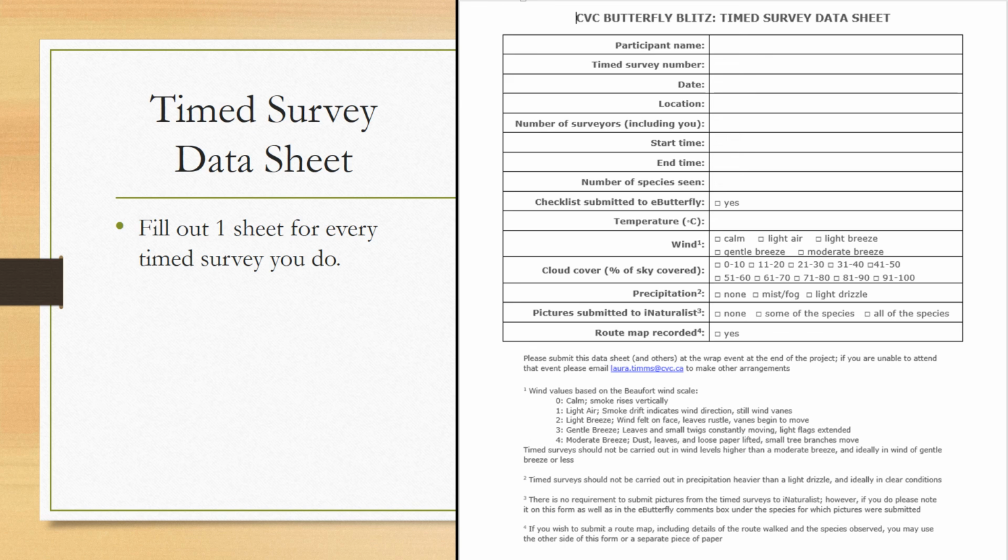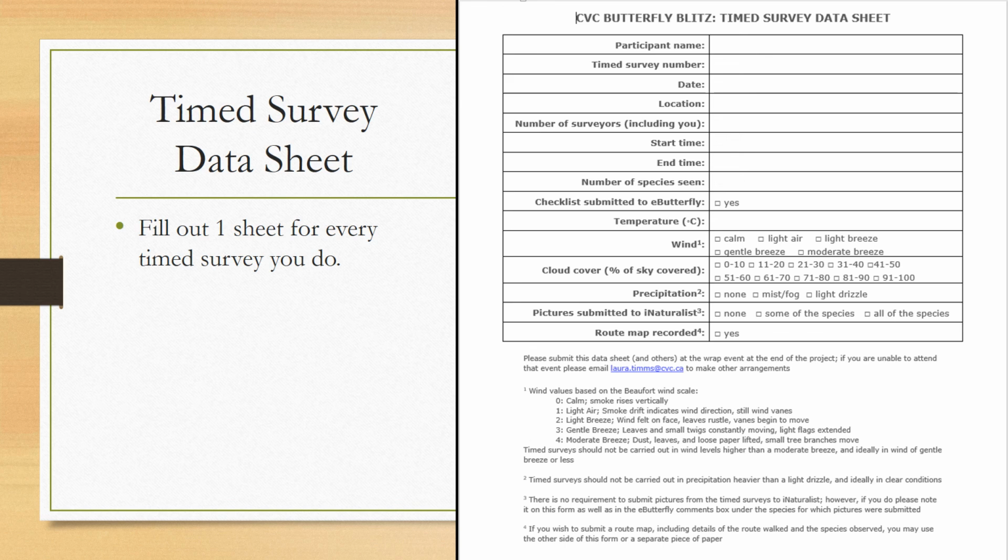If you, like me, are not great at understanding the difference between what light air or gentle breeze is, there's a little piece down there at the bottom describing what the Beaufort scale really is. So down there where it says, 0, calm, smoke rises vertically versus 2, a light breeze, wind felt on face, leaves rustle, vanes begin to move, that sort of thing. It gives you a sense of exactly what that means.